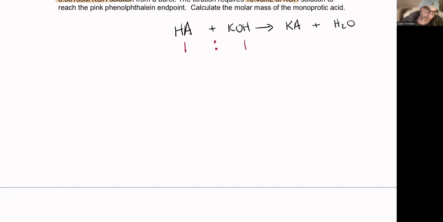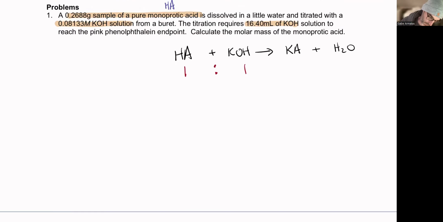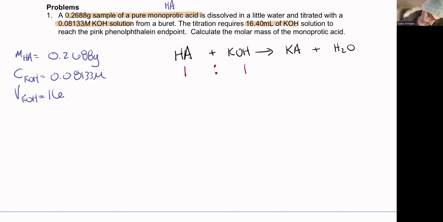All right, so the information that I have so far is my mass of unknown acid is 0.2688 grams. My concentration of KOH is 0.08133 molar, and my volume of KOH is 16.40 milliliters.